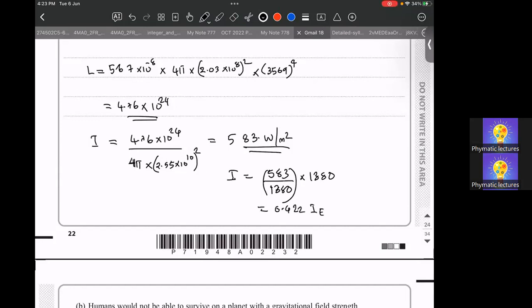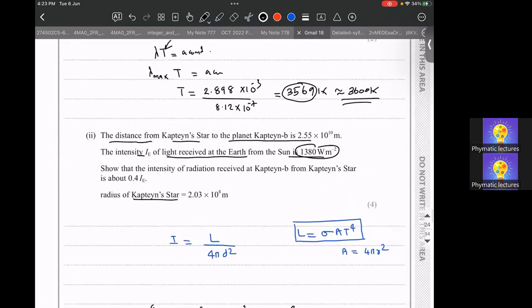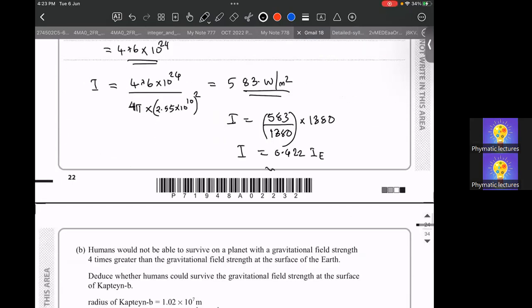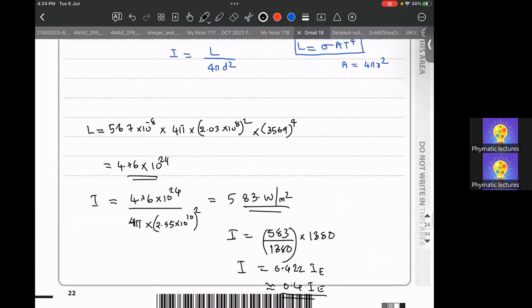Then this is the intensity relative to the Earth. Hence, we can say that it is nearly 0.42, or about 0.4 IE. Hence, we showed it. Hope you got that idea.